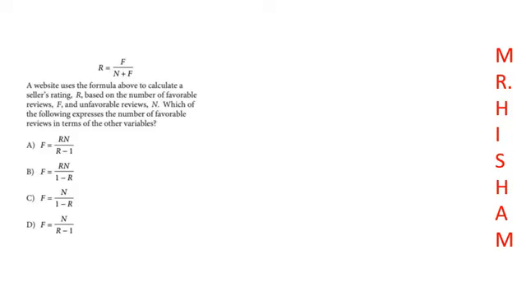R is equal to f over n plus f. And I wanted to make f the subject, as it's clear here. But we can notice that I have f in 2 places. So it's better to make cross multiplication here. So r multiplied by n is rn, plus r multiplied by f is rf, equal to f.